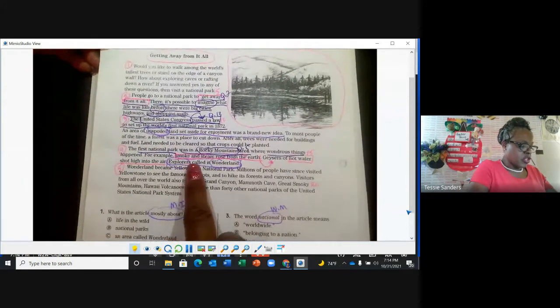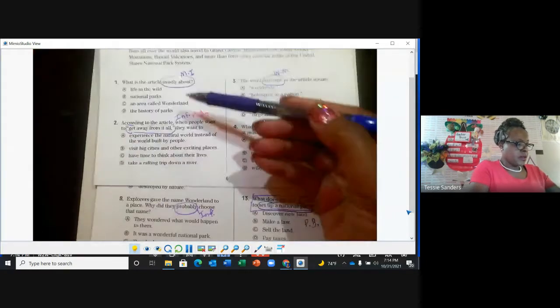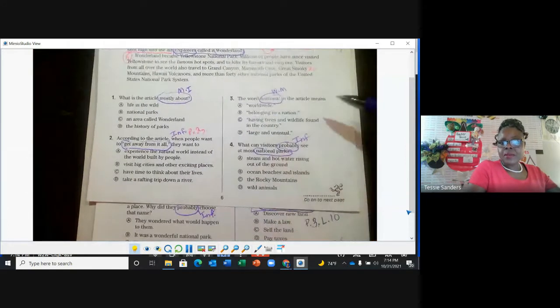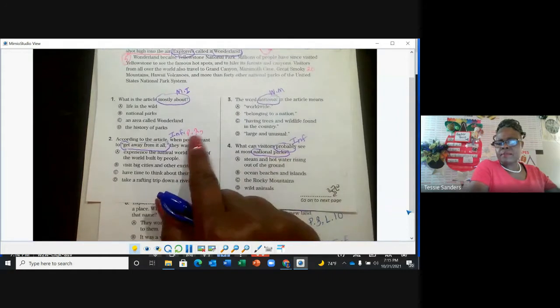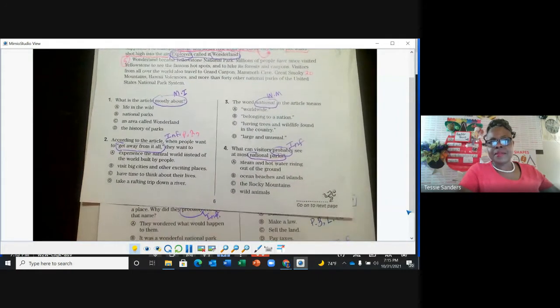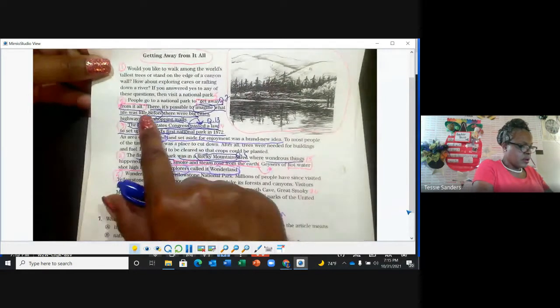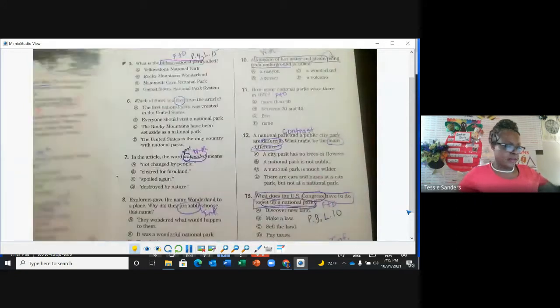Now look at some more clues. Smoke and steam rose from the earth. 1, 2, 3, 4. No, it can't be 2, right? Okay. Oh, we didn't finish 2. Get away from it all. Paragraph 2, that's lines 6 and 7.